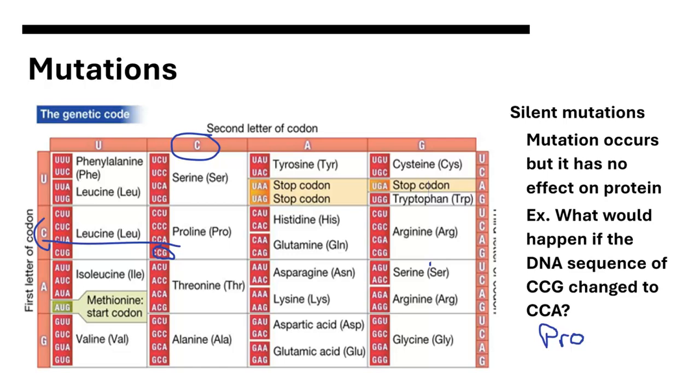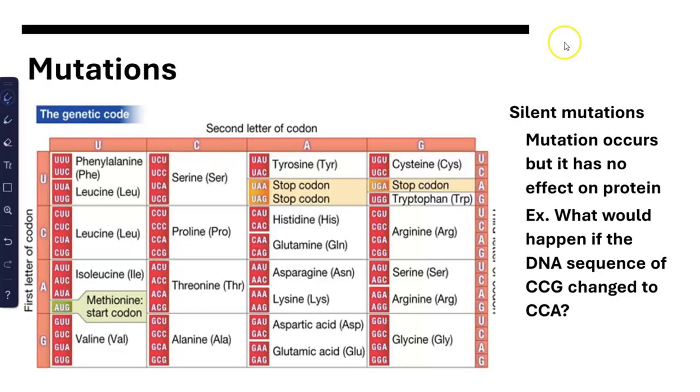Now what if it changed to CCA? So CCA is right there. Sure enough, it's proline again. So there's a lot of overlap that happens with our codons because there are far more codons than there are amino acids.